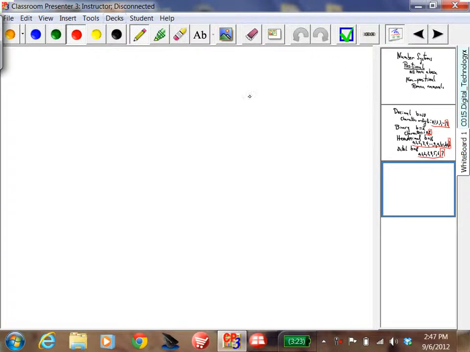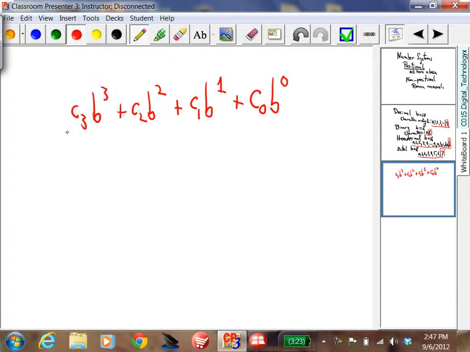You'll have some character, C0, times the base to the 0th power, plus C1 times the base to the 1st power, plus C2 times the base squared, plus C3 times the base cubed, plus however many you need, however big the number is. So each of the C's, C sub i, is contained in the characters.